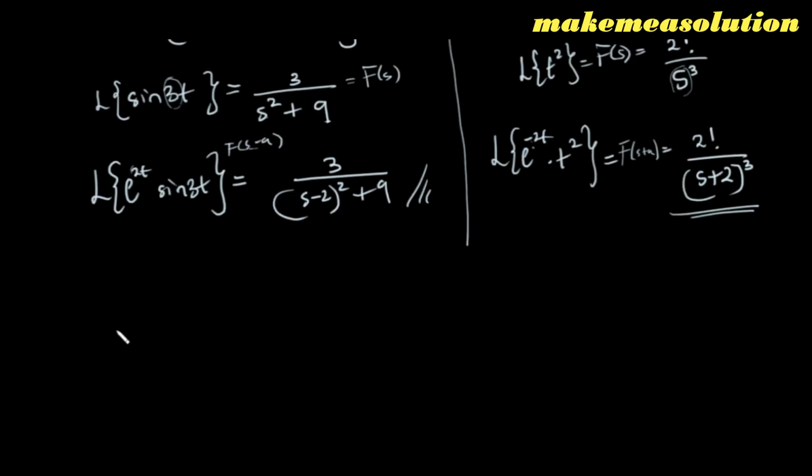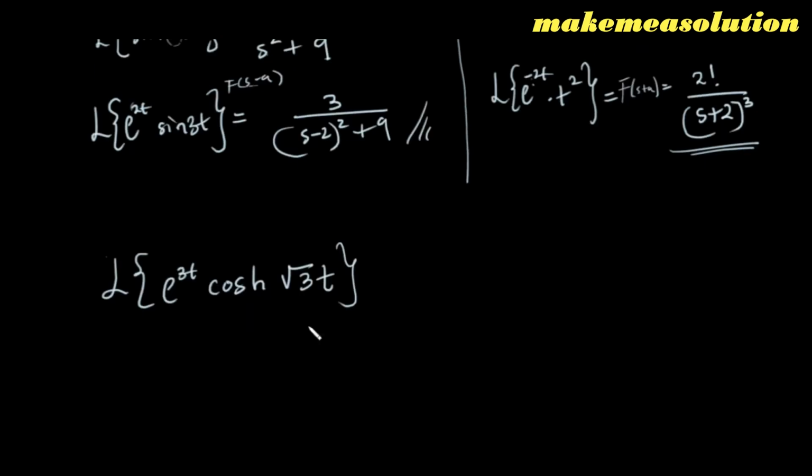Another one you might encounter, let's say you want to find the Laplace transform of exponential 3t times hyperbolic cos root 3t. Is that okay? So let's find the Laplace transform of this one.